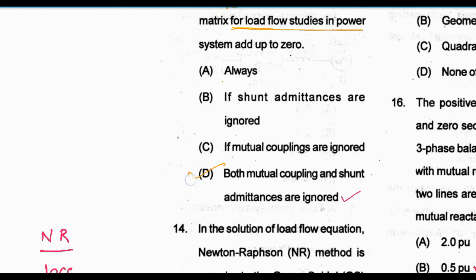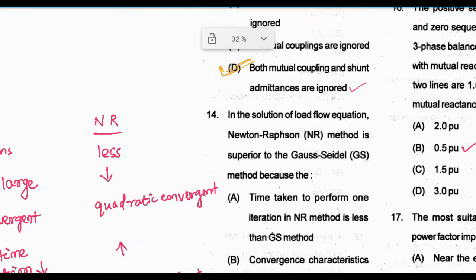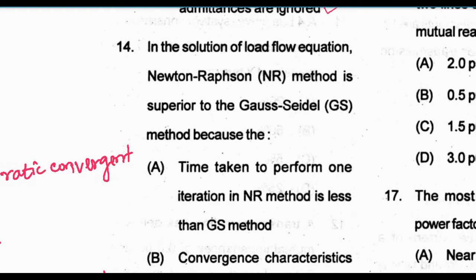Otherwise it will be a non-zero value, and this will represent the sum of the mutual admittance and the shunt admittance.